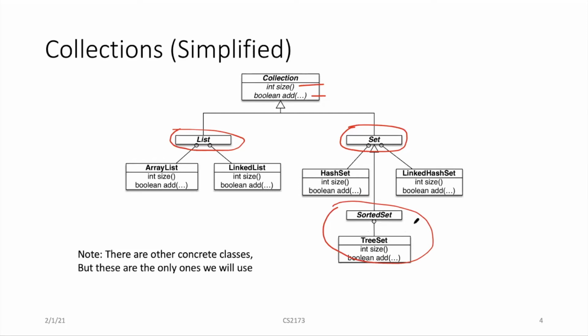That can be very useful, because a lot of times you want to sort things. So rather than putting them in a pile and then sorting them, when you put things into a tree set, it keeps them in sorted order, although that's almost true. It actually keeps them in a funny tree-like order, but when I go through them, it will always give them to me in sorted order.